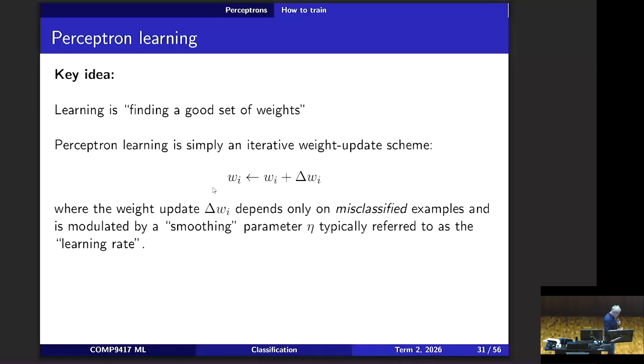There's not an exact solution in the same way as there was for simple linear regression or even the simple linear classifier that we just did. But there's an iterative algorithm that we'll get to, which is very closely related to gradient descent, but importantly, it is not gradient descent.